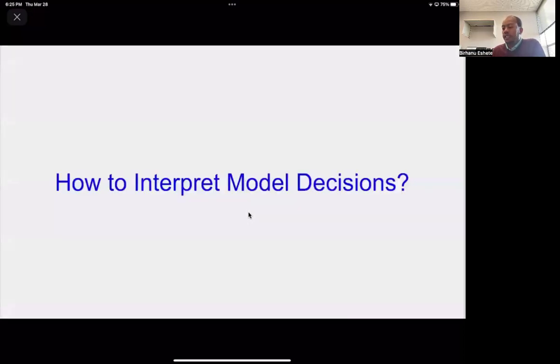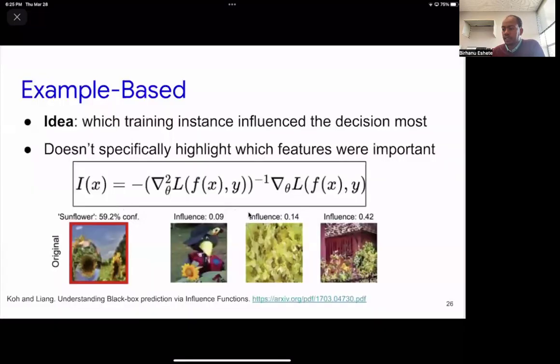Okay, so with that, we're going to move on to how to interpret model decisions, because as I said at the beginning, the focus of this lecture is on interpreting decisions of machine learning models. The first class of approaches that we're going to talk about is what we call example-based.